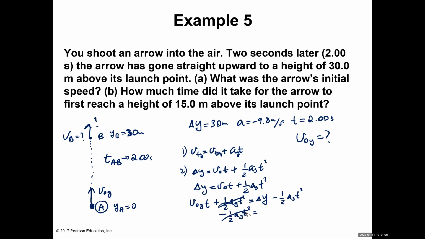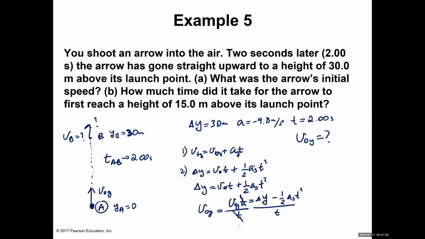That means if I do this operation on the left side, I will only have V initial times time. And then what I need to do here is divide both sides by time, right? And to have this initial velocity. Like that.